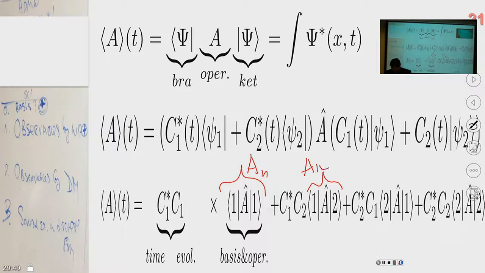A, 1, 2. A, 2, 1. A, 2, 2. So matrix elements of a given operator serve towards completion of our goal, of the destiny. Find expectation value.